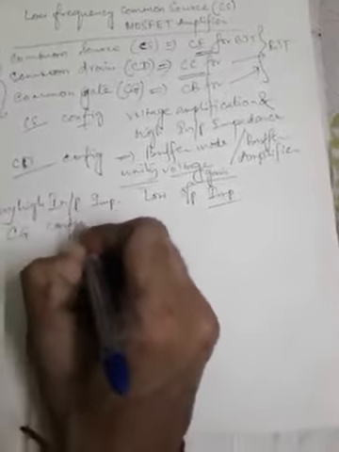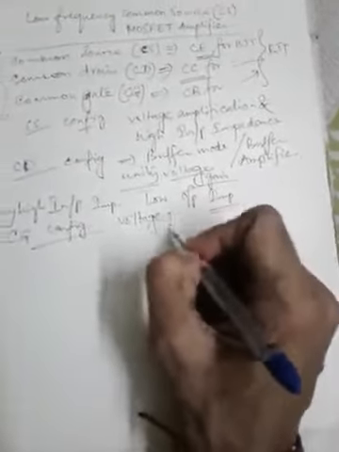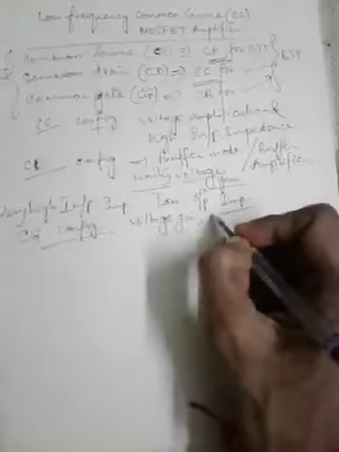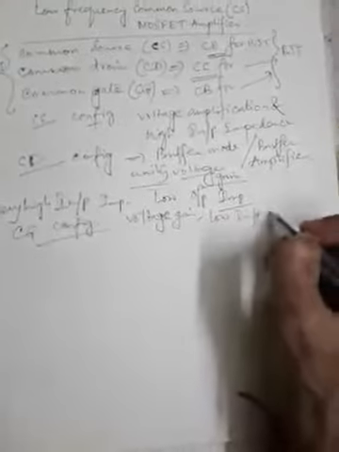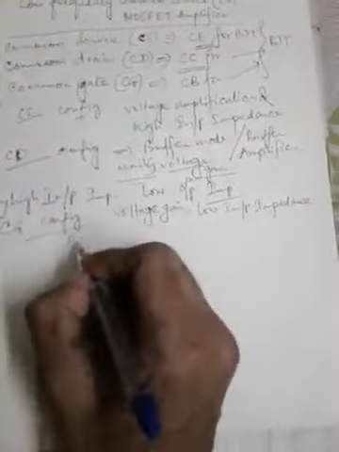This is the common drain MOSFET or JFET amplifier. The common gate, CG, configuration has some voltage gain, but not as high as the previous two, and it has low input impedance and excellent high frequency performance.